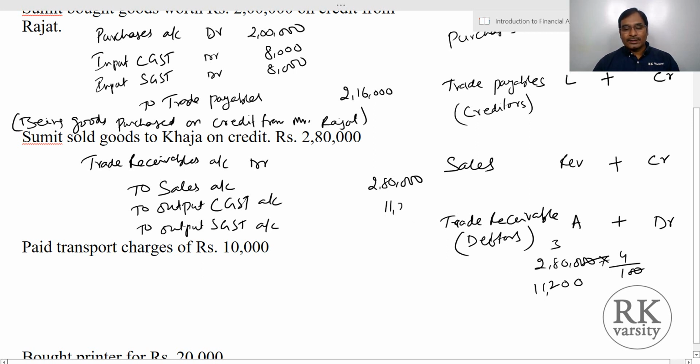So 11,200 and another 11,200. So this total is your trade receivables. That means 3,02,400 is the trade receivables.